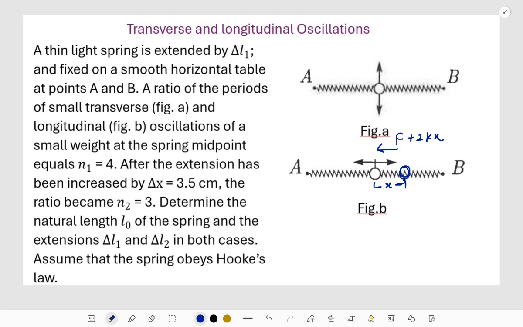So the force acting on left due to left spring will be F plus 2kx. X is due to its initial extension.